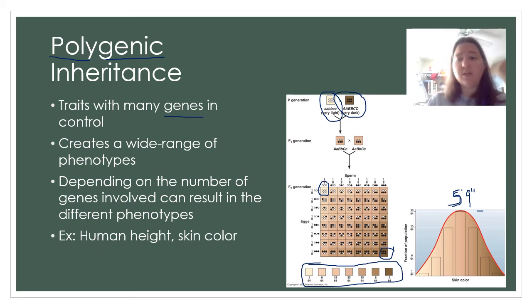Sorry, I don't know what the average female height is. So there are going to be some people on the upper end of that curve, which means they're taller, and some people on the lower end of that curve, meaning that they're shorter. And so that's how polygenic inheritance works: we have multiple genes coming together to create this huge range of phenotypes.